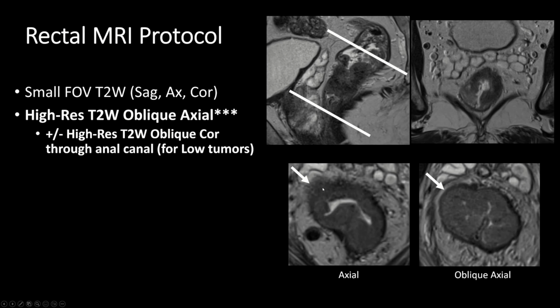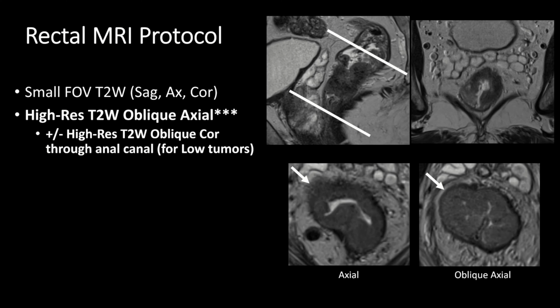With the oblique axial, you're looking down the barrel of the rectum and can better assess whether there is truly tumor beyond the wall. So this is the oblique axial of the same tumor at the same location. Notice that you can clearly see that the tumor is confined to the wall with a well-maintained T2 dark muscularis signal peripherally.